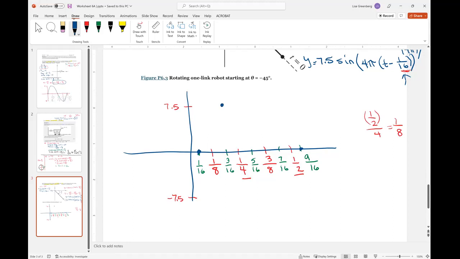I would have my 0 at 1/4, but I'm going to shift it 1/16. I would have my negative 7.5 at 3/8, but I'm going to shift it 1/16. And I'll be back to 0 normally at 1/2, so I'm going to shift that there. And this is my shifted graph.